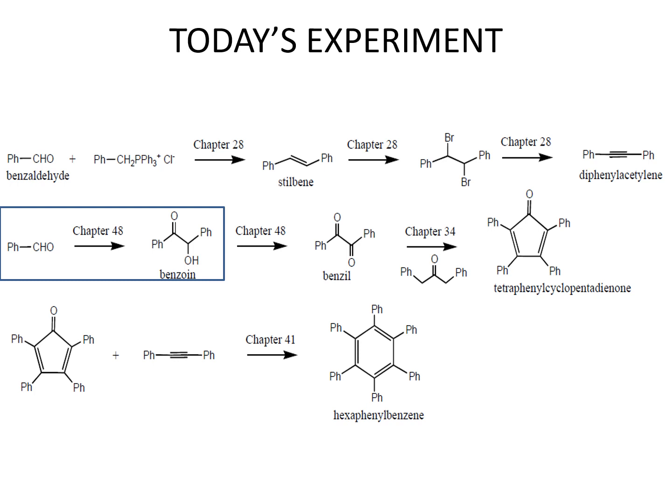So like I said, today's experiment will be on the synthesis of benzoin from benzaldehyde, and in the following slides I'll show you the mechanism of how we will be able to synthesize the benzoin.